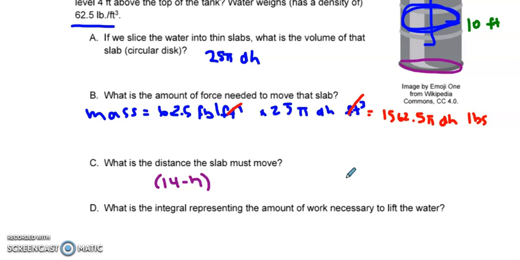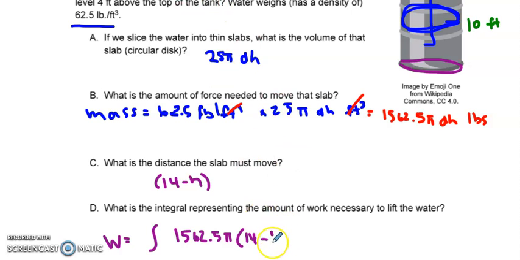So that is effectively the distance, and the integral that we need for work is going to be, if you recall, force times distance, and in this case we have 1562.5 pi as our force, and then 14 minus y as our, excuse me, I'm using h, so I should go back and put h in.